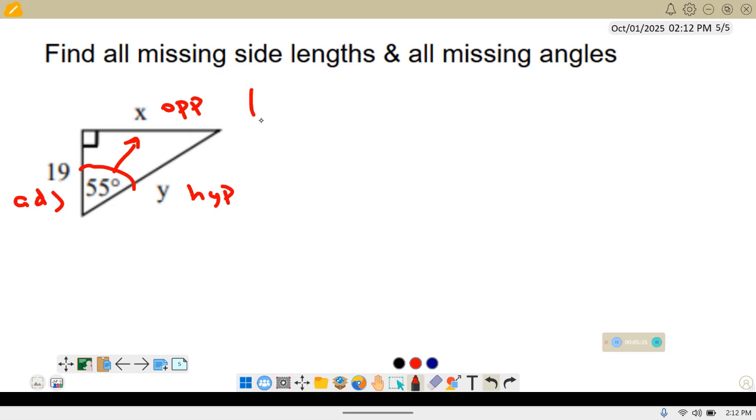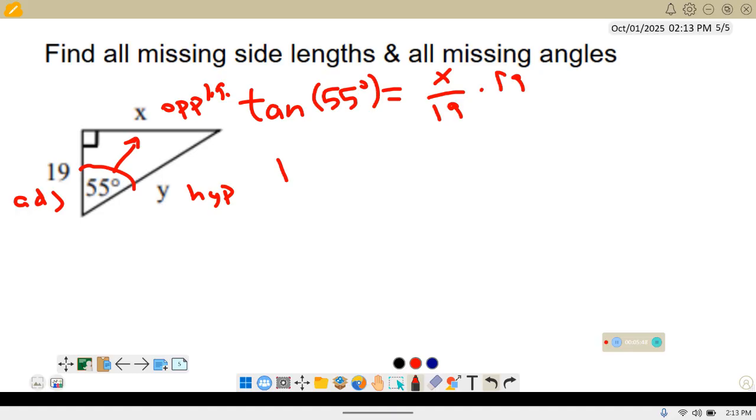So then I can go ahead and set up my tangent. Tangent of 55 degrees is equal to opposite, that's X, over adjacent, that's 19. And then for this problem, to solve it, I'm just going to multiply both sides by 19.